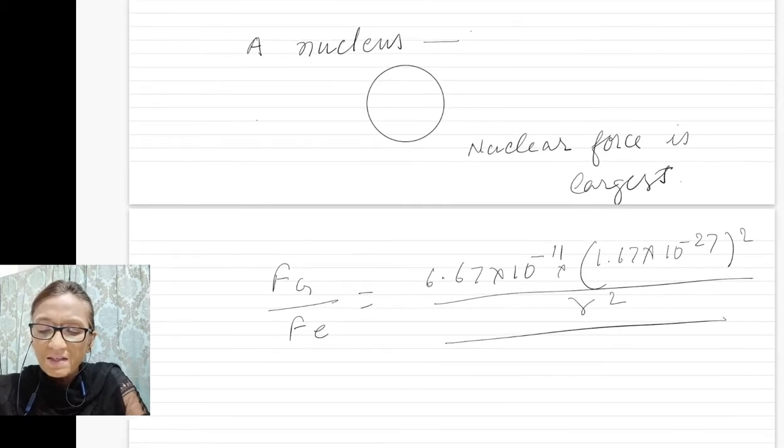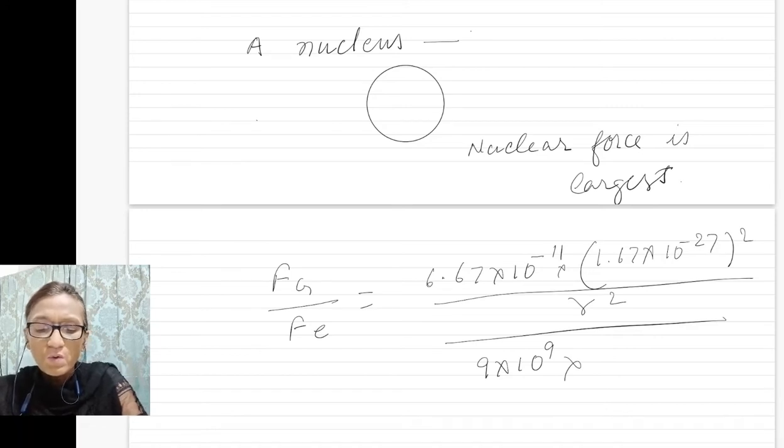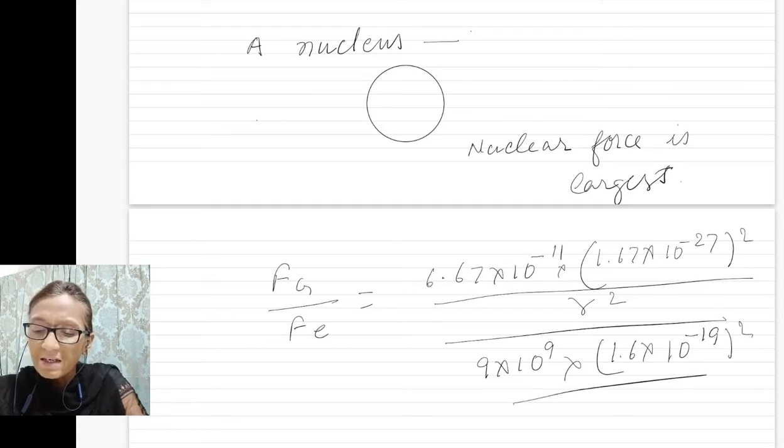And for the same distance, the electric force will be equal to K, that is 9 into 10 to the power 9, into the charge on protons, which is 1.6 into 10 to the power minus 19 whole square, divided by r square.